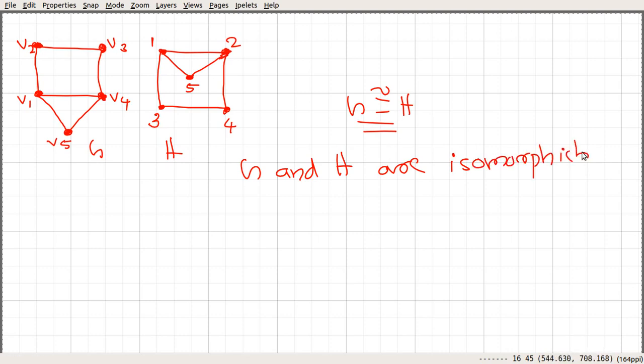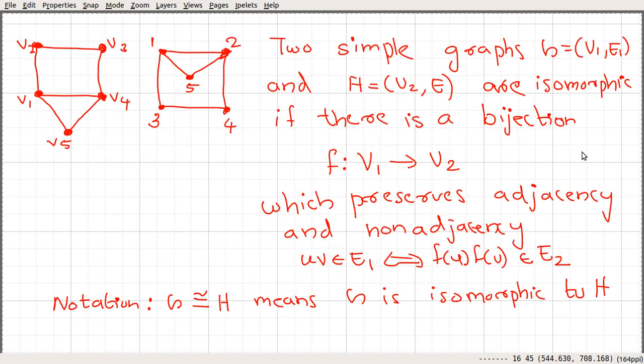Let's look into the definition once more. Two simple graphs G and H are isomorphic if there is a bijection. We only need to exhibit a bijection; there may be more than one, but we only need to exhibit one. And if that bijection preserves adjacency, then we can say that those two graphs are isomorphic.